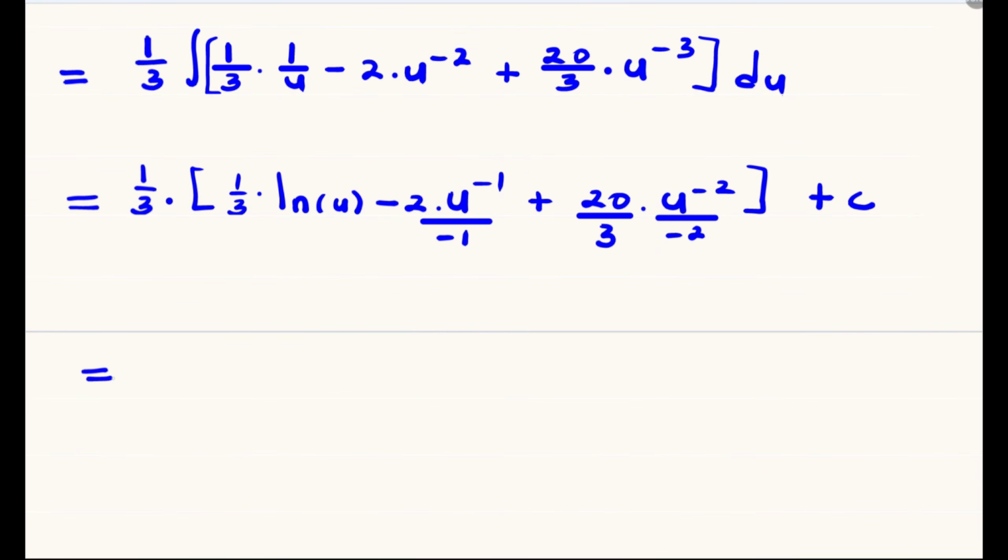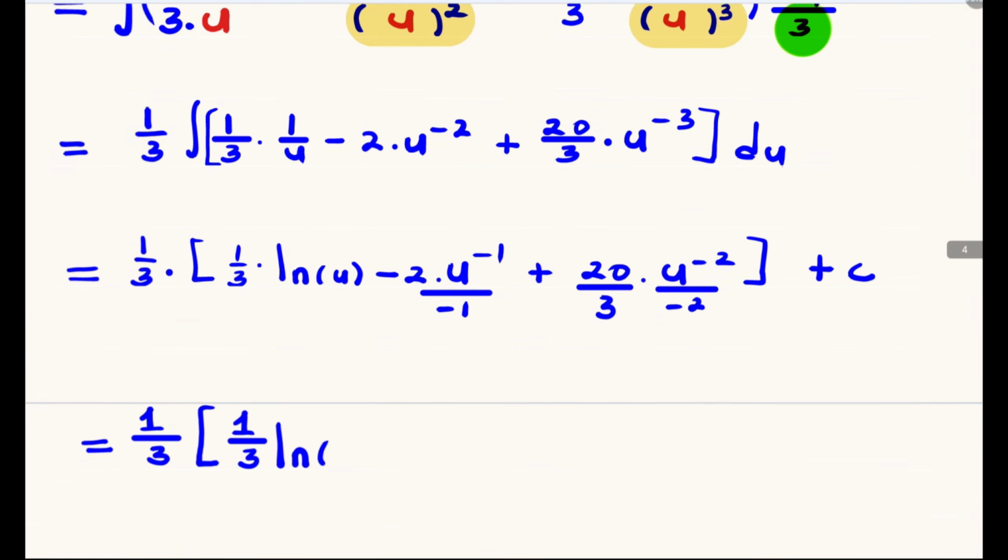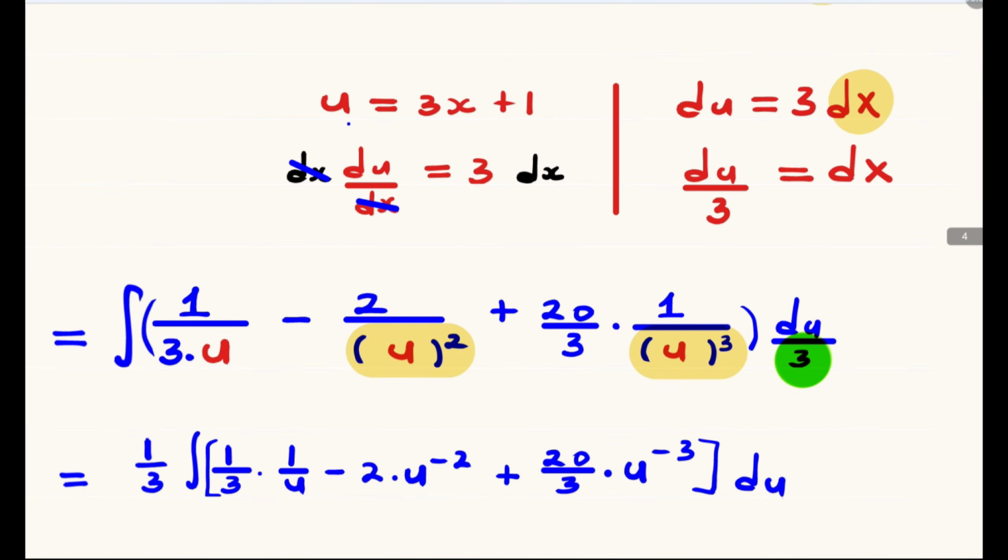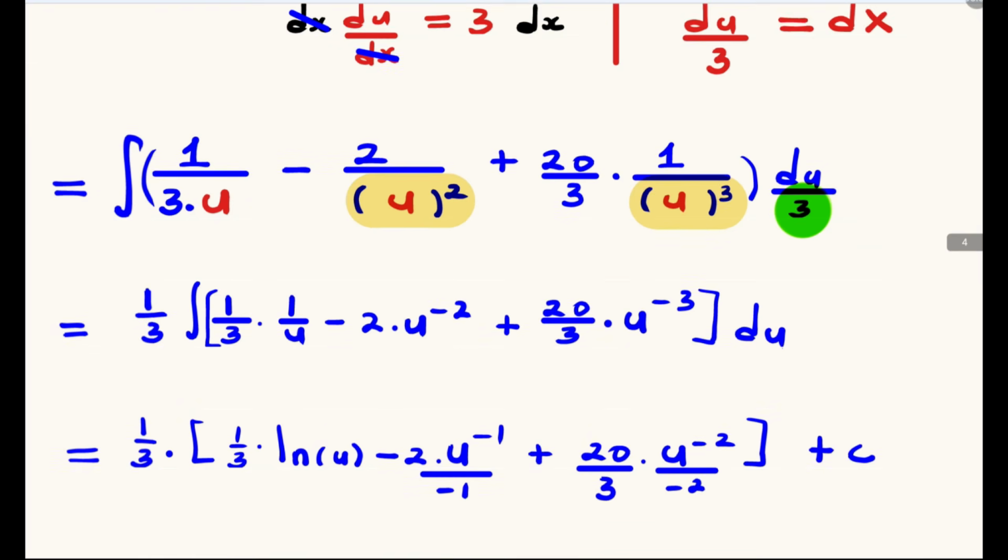Let's simplify. So we have 1 over 3 multiplied by, so 1 over 3 into 1 over 3. And let's substitute back. In the place of the ln u, we substitute back the 3x plus 1.